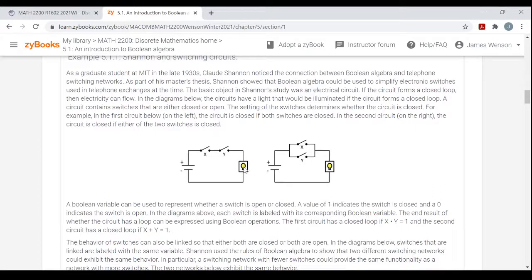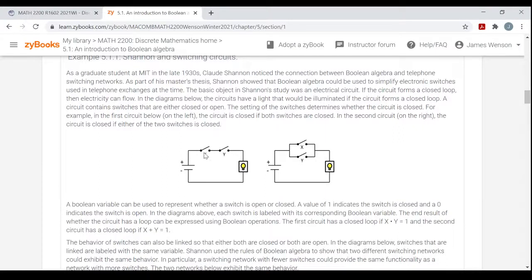And you're trying to light the light bulb, and the light bulb will only light if there is a closed path, a loop that takes electricity through to the light bulb and then back to the battery and all that. So this picture on the left is equivalent to x and y, or x times y, because both the switches for x and y need to be closed in order for the light bulb to light.